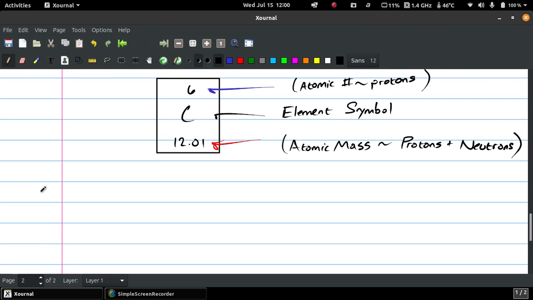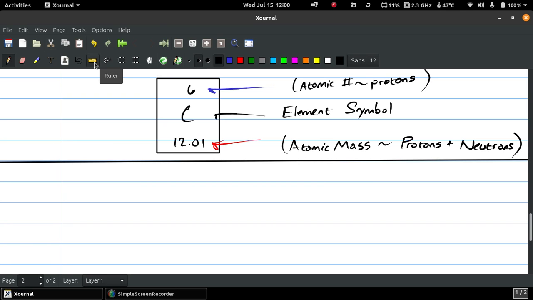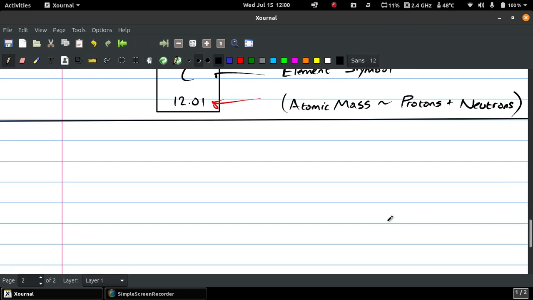And now we're going to touch on the Bohr model of the atom. You guys have probably already seen this when you took biology, because they use this in textbooks, I think. But anyways, I'm going to make some circles real quick.